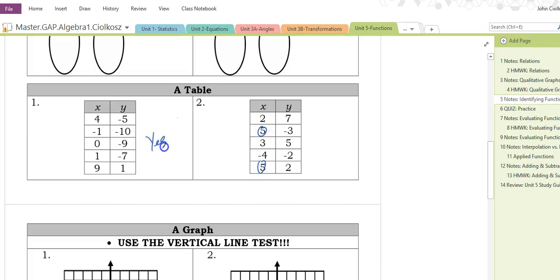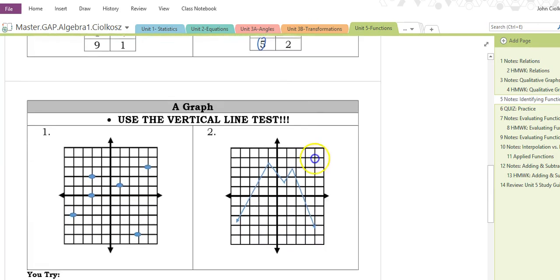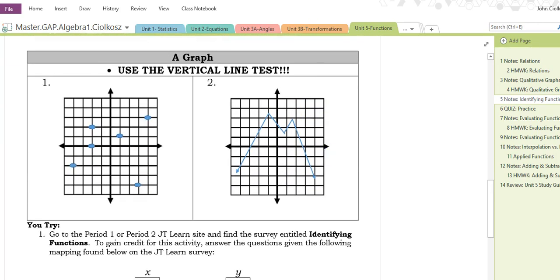So this one's yes. This one's no. Yes, it's a function. No, it's not. With a graph, the vertical line test means if I draw a vertical line, I can't hit 2 points. I definitely hit 2 points here. Nope, not a function. Here, if I look, no matter where I draw a vertical line, I'm never going to hit the line twice. Yes, this one is a function.